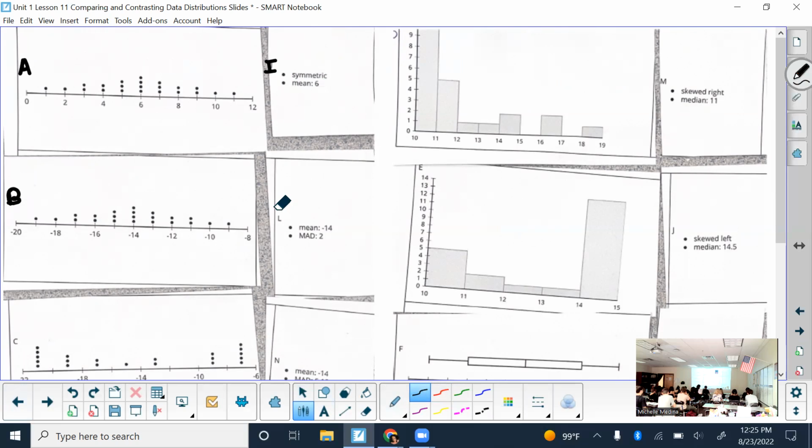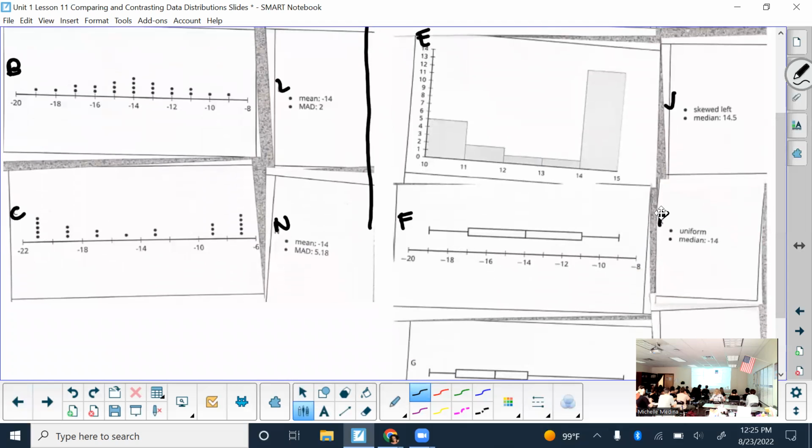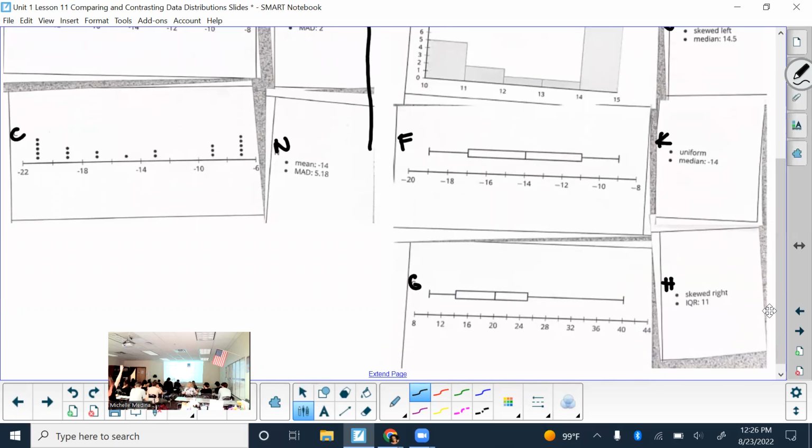B should have matched up with L. C should have matched up with N. This one over here is D, it should have matched up with M. E should have matched up with J. F should have matched up with K. And lastly, G should have matched up with H.